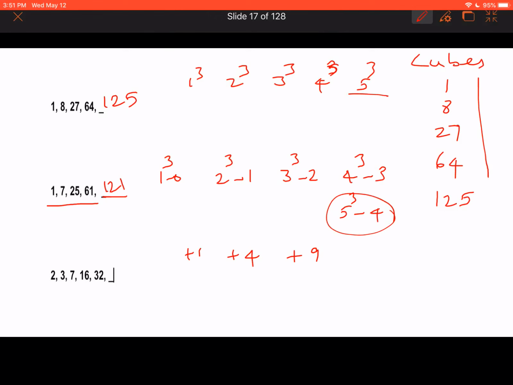And 16 and 32 it is 16, right? So is there any relationship? Oh, I see a relationship here.